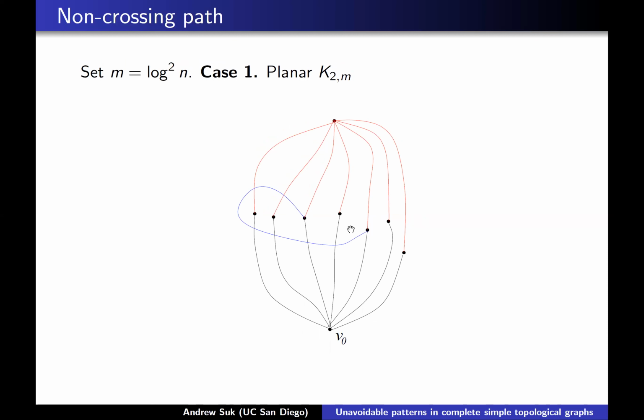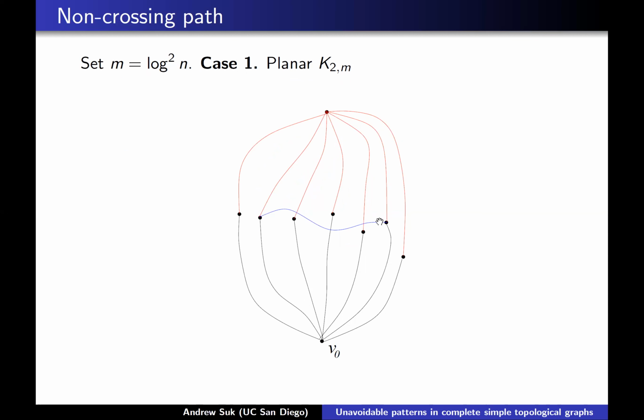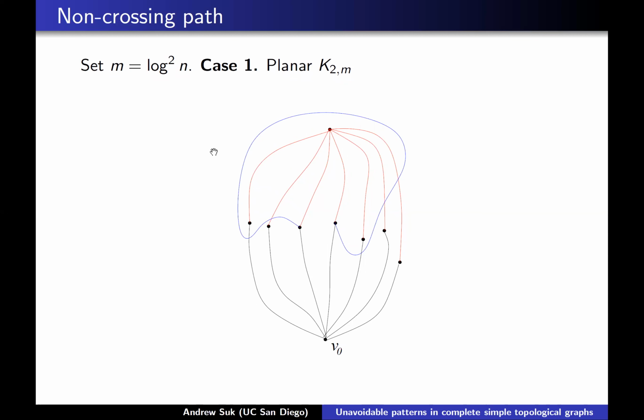If you look at any edge between two vertices here, you can't have an edge that goes in this direction and then comes back over in this direction, because this blue edge and this black edge would have two points in common, at this endpoint and also at this interior point, which is forbidden in simple drawings. Which means the edges are x-monotone with respect to this ordering, or they could wrap around the other way, which is like this. That's why we called it cylindrical x-monotone.